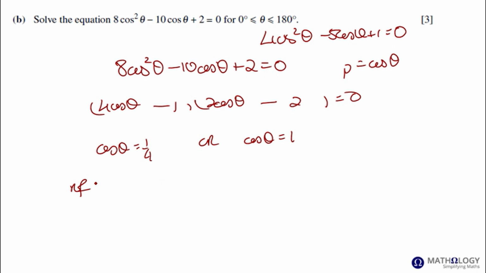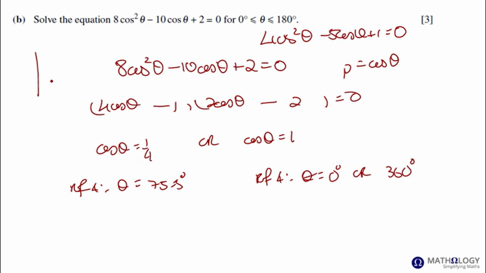So we have a reference angle for cos theta equals a quarter of 75.5 degrees. The reference angle for cos theta equals 1 will be 0 degrees or 360 degrees. Cos theta is positive in the first and the fourth quadrant.